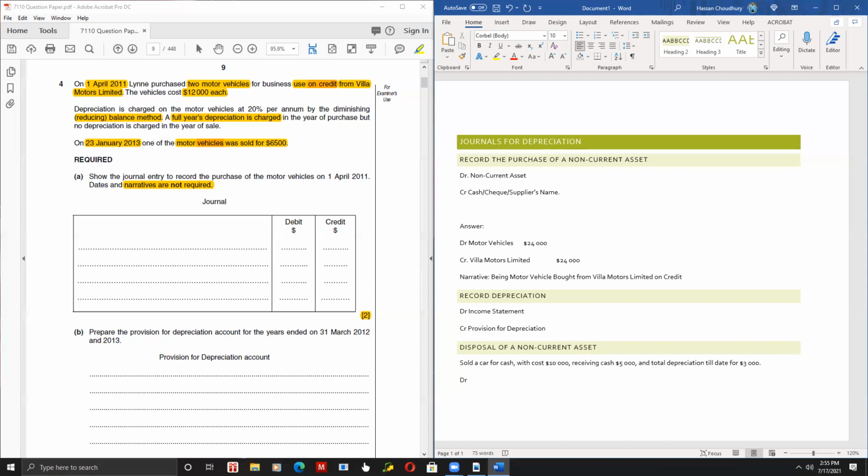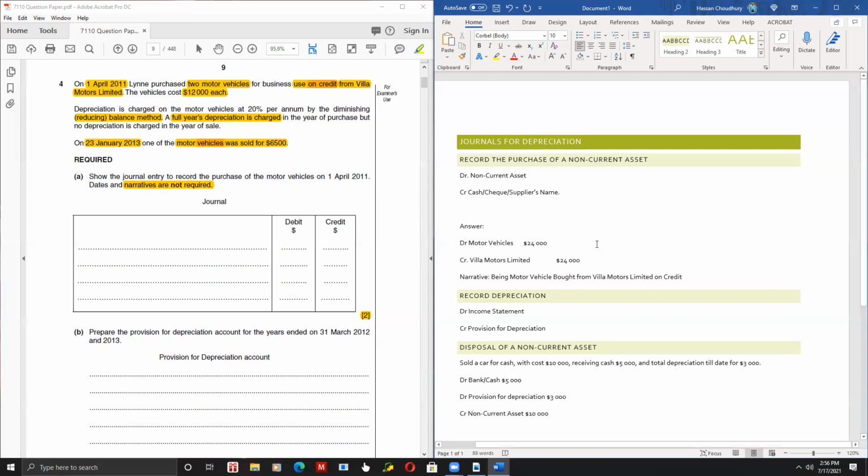So let me just write it out for you guys, because a lot of times when you write it out, it looks better. So first thing is you got bank, or you got cash, right? The amount. And in this case, I'm just going to put the figure. So 5,000, debit, depreciation, provision for depreciation, 3,000, credit, non-current asset, 10,000.